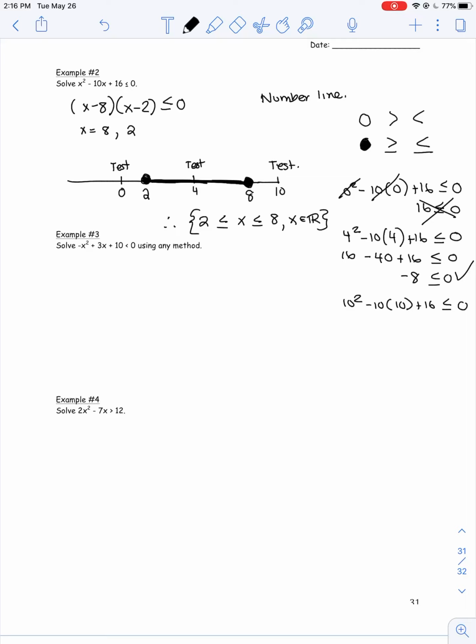Example number 3, I'm going to again do that sign chart. It's called a sign analysis chart, the one that I'm going to do. So first of all, we want to factor it. I like to always factor out the negative to make it easier for myself. So that's going to be negative, x squared, x. And if I factor that out, it's going to change the signs to the opposite sign.